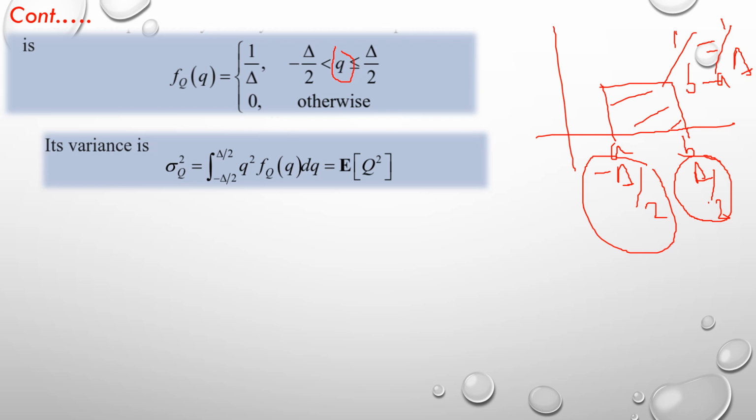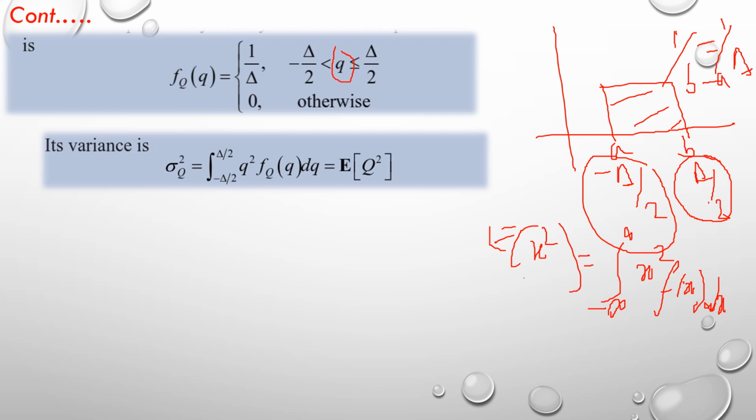In general, the mean variance E of x squared is equal to the integral from minus infinity to infinity of x squared into f of x into dx. So this is the general equation for the variance of a function.